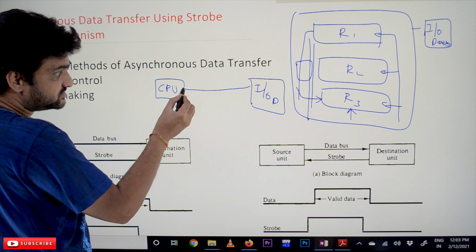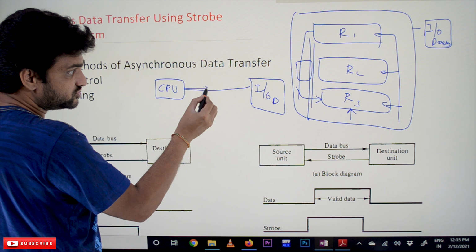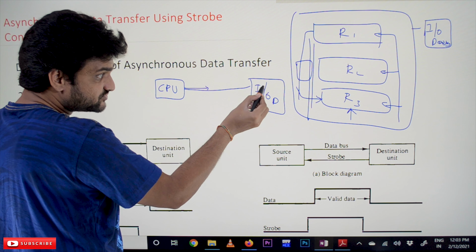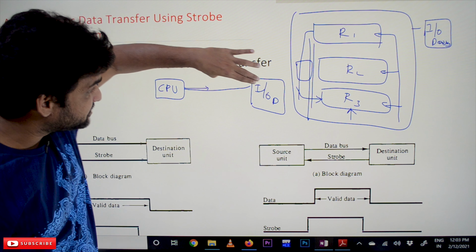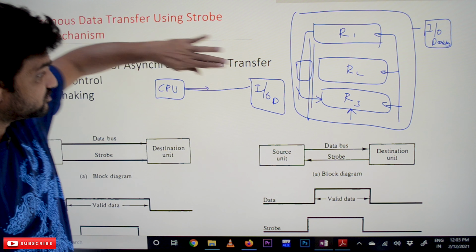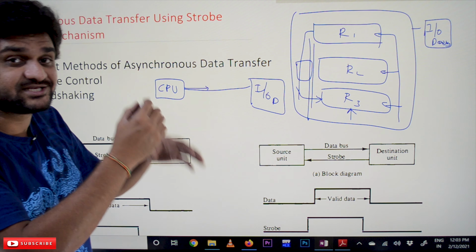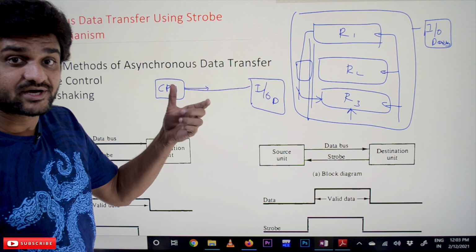The clock used by the CPU would be transferred to the IO devices, so that the data transferred between the CPU and the IO devices is in synchronization with the same clock. Is it possible?